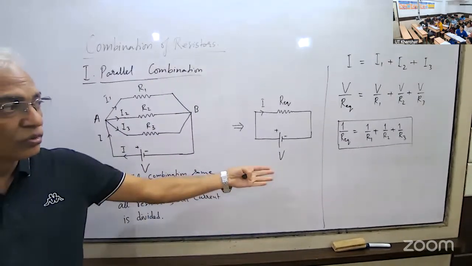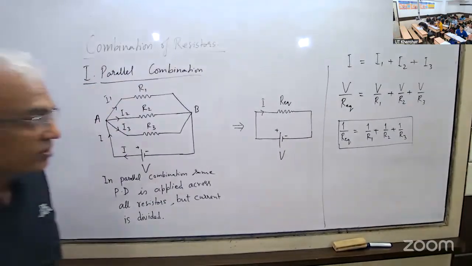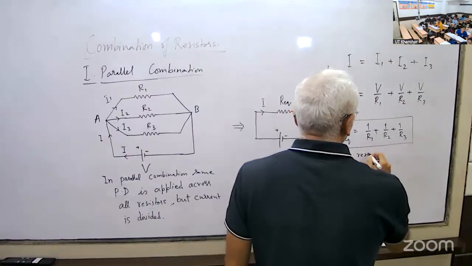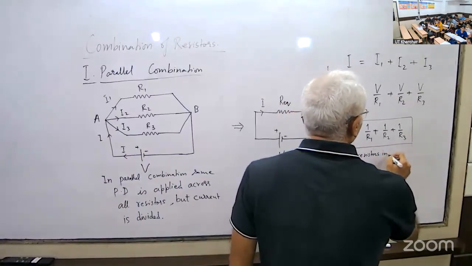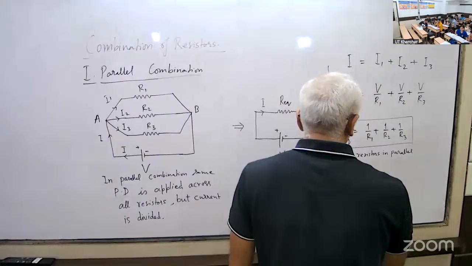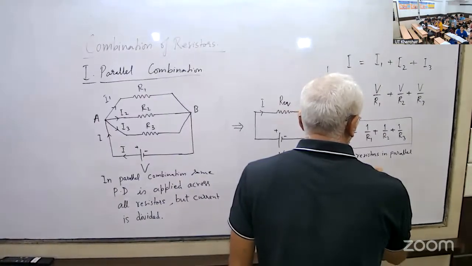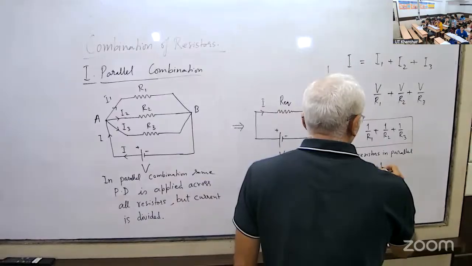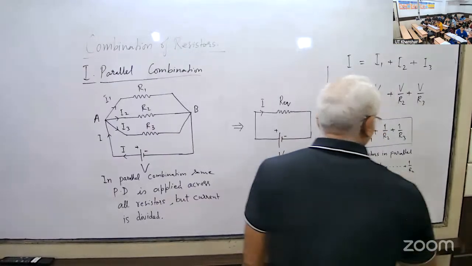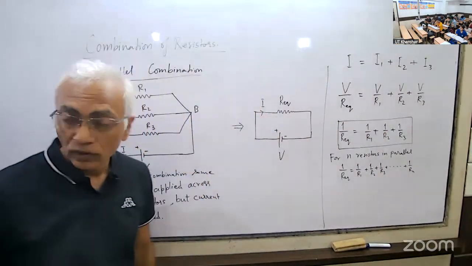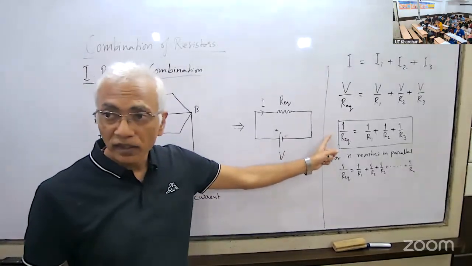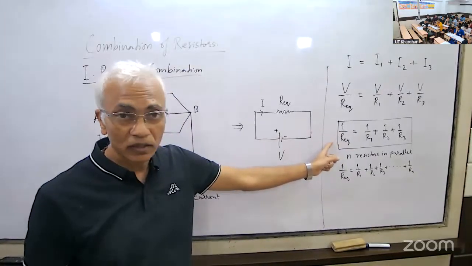So I can extend it to a parallel combination of n resistors. So for n resistors in parallel, many students make a mistake in writing or expressing the R equivalent.